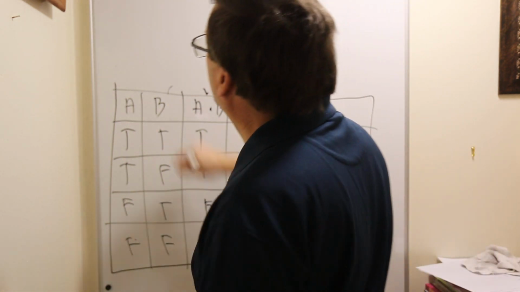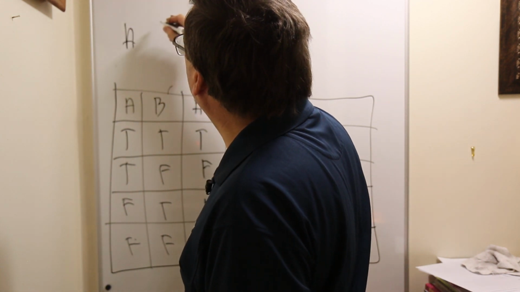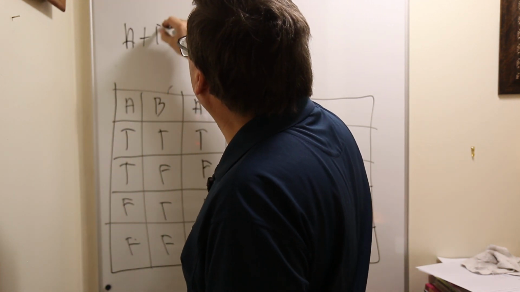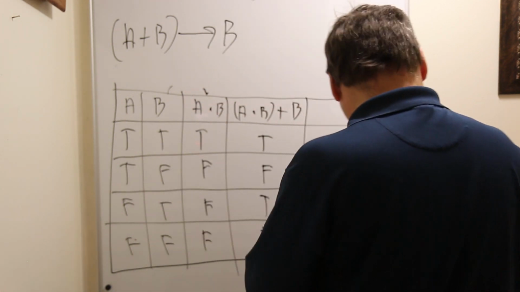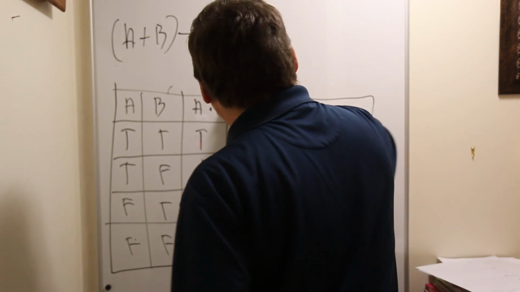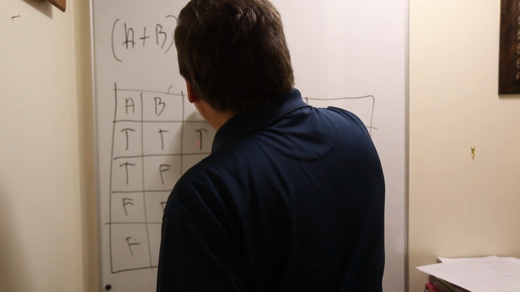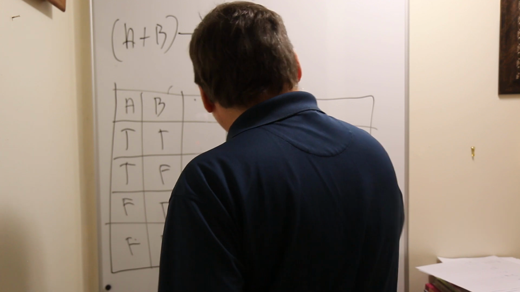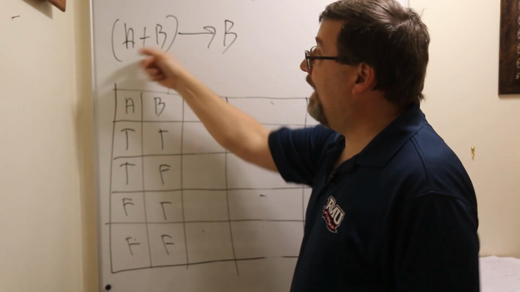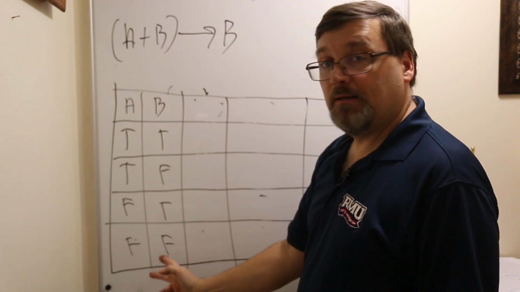Let's do if A or B, then B. So we're going to need a different set here. Now again, we only have A's and B's, so we only need our A's and B's rows.